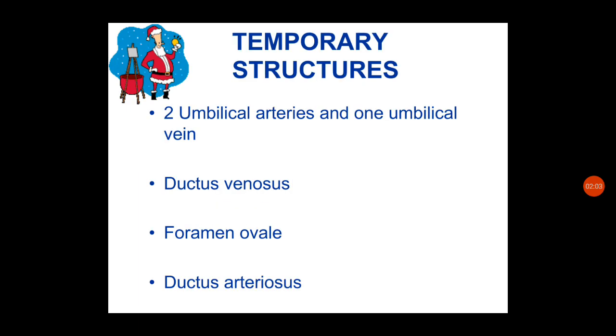The temporary structures involved in the fetal circulation are temporary, as the term itself says, so after birth we cannot see these structures in the newborn baby. These are the two umbilical arteries and one umbilical vein, and the three shunts: ductus venosus, foramen ovale and ductus arteriosus.